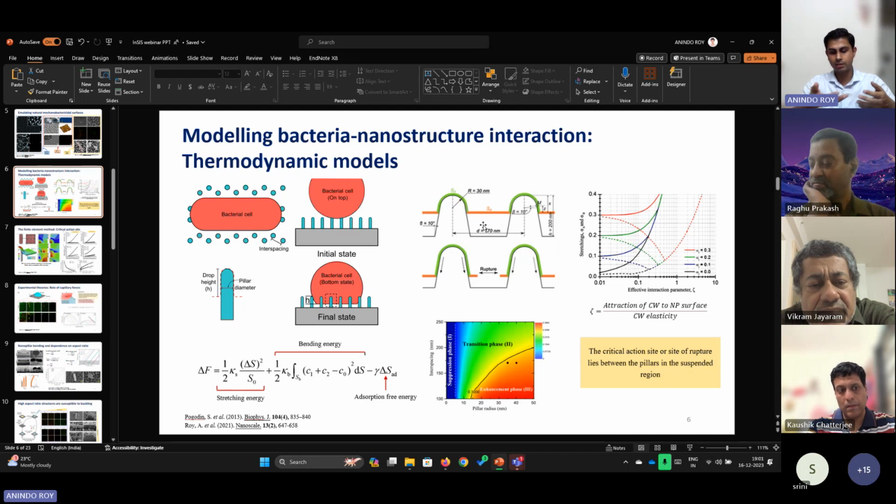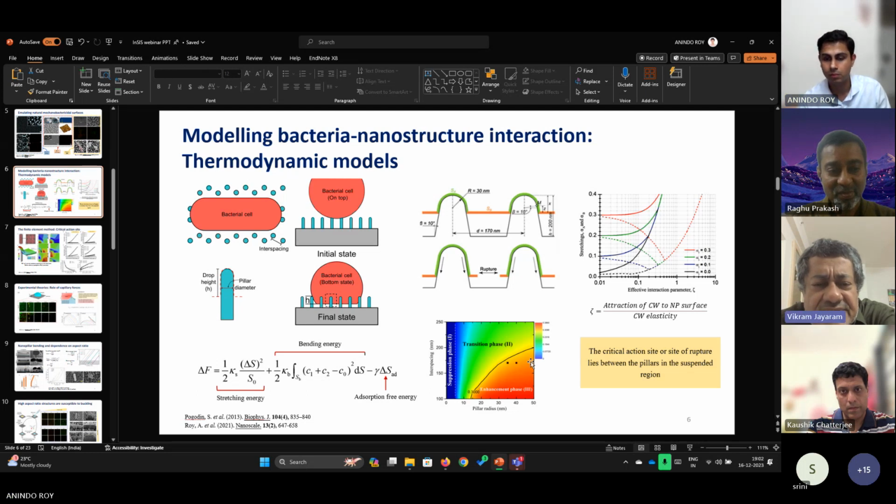So your suspended region is getting stretched, because the pillar tip is the initial point of contact. As soon as the bacteria comes and rests on top of the pillars, that point is attached and cannot move now. So whatever increase in area you have because of the cell wall wrapping around the nanopillar has to come from the region suspended between the pillars. Did I answer your question?